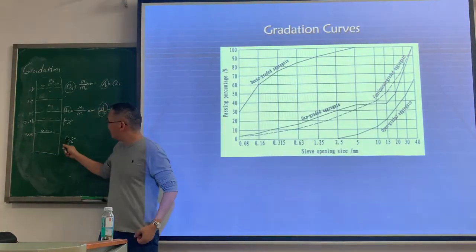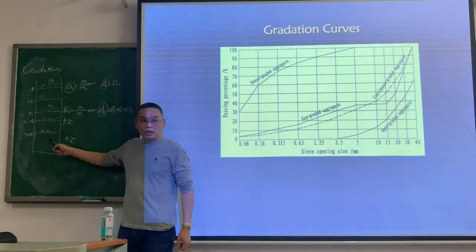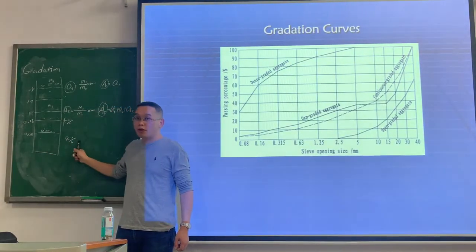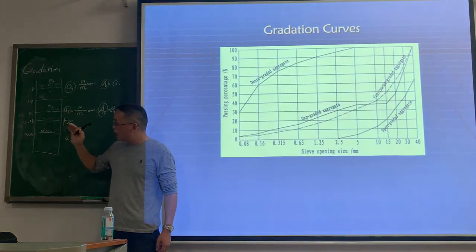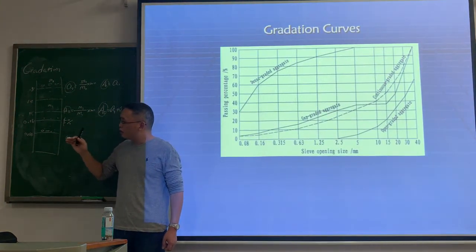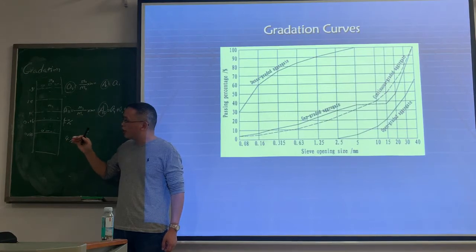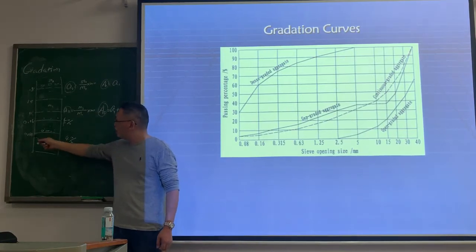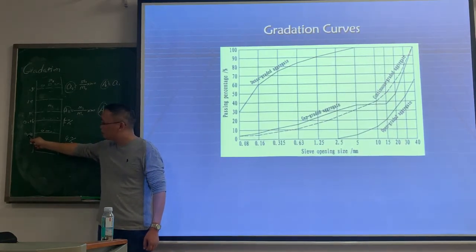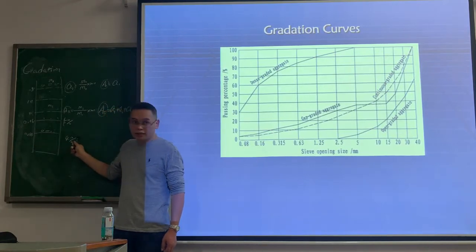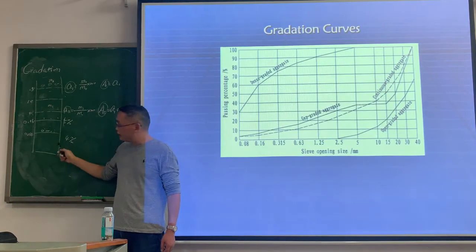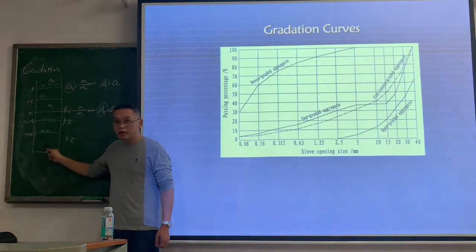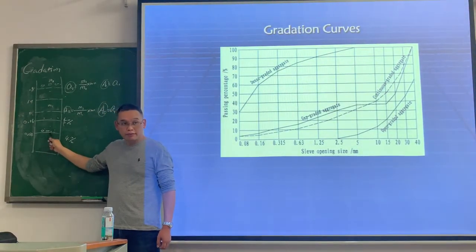If the passing percentage of this size is 4%, we cannot conclude that the amount of this size is 4%. Not 4%. This 4% is the amount below this size.